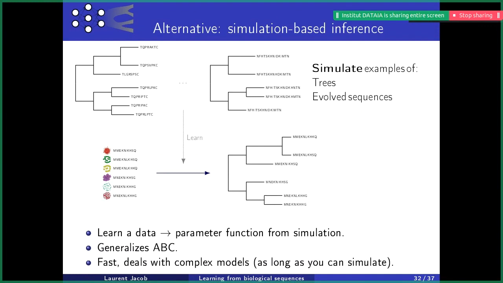And so, in some sense, this is generalizing what's done in ABC, where you simulate samples with known parameters, and then you retain the parameters that gave samples that are similar enough to your data, and you say, this is my posterior. This is very similar to that. And the advantage of all these approaches is that they are fast, and they can deal with more complex models, as long as you can simulate data.